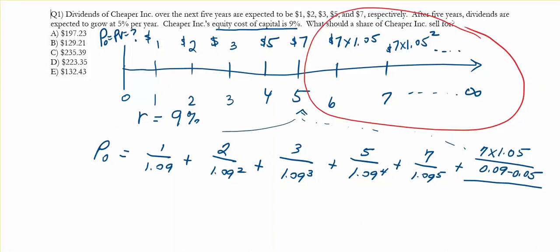But we need to bring that back to year 0. So therefore, I have to discount that back by 9% over 5 years.